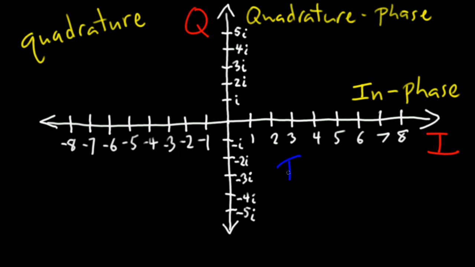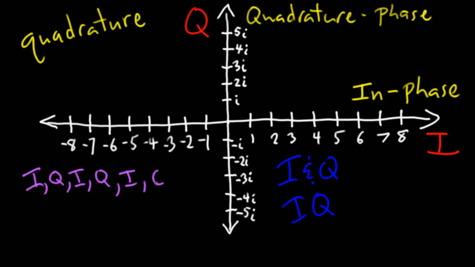Now, you'll hear people talk about I and Q sometimes, or they'll talk about IQ samples, or they'll talk about a quadrature sampling system. For example, HackRF is a quadrature sampling system, and it delivers samples to the host computer one at a time. I followed by Q, and then the next sample's I followed by Q. It delivers this stream, I, Q, I, Q. And let's say the first I was 2, and then the next Q was 3, and the next I was -2, and the next Q was 4, and so forth.